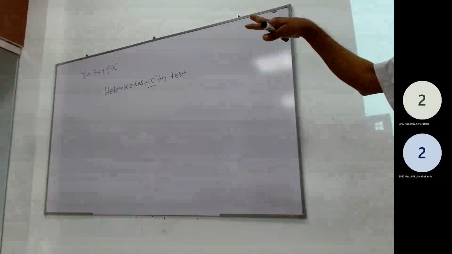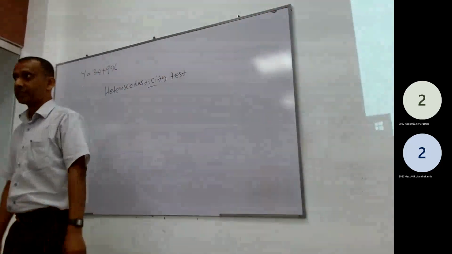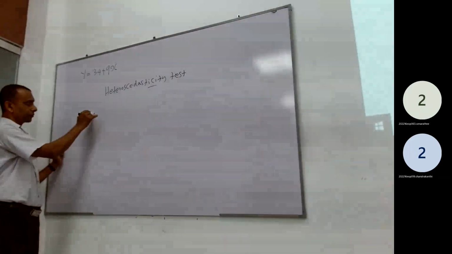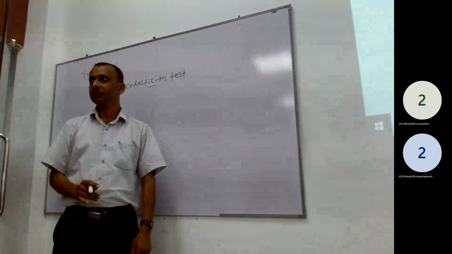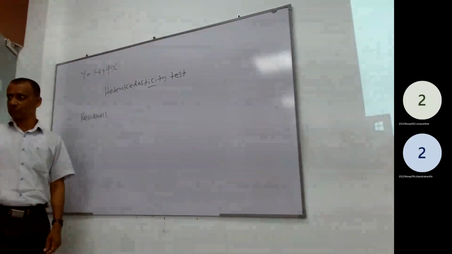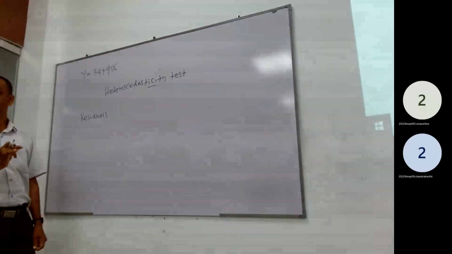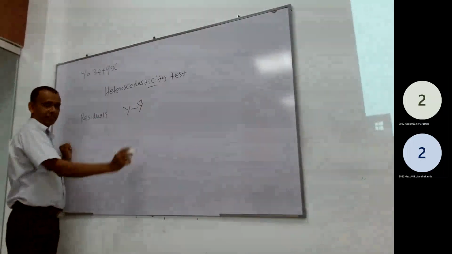What is meant by heteroscedasticity? The opposite of heteroscedasticity is homoscedasticity. When you take your residuals, what is that? Residuals mean the difference between the actual value and the predicted value, Y minus Y hat.